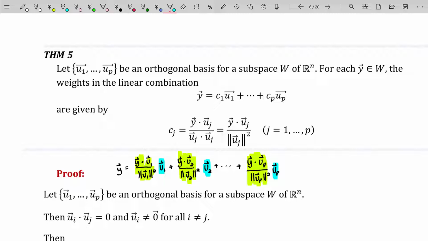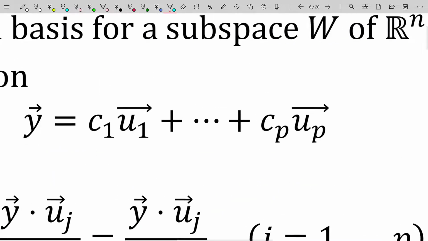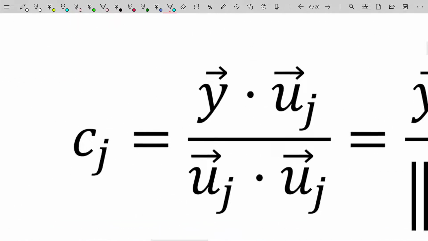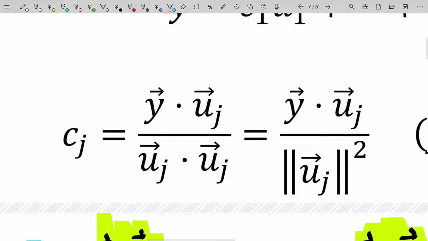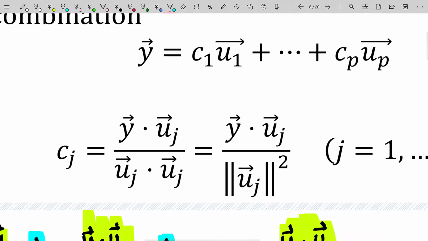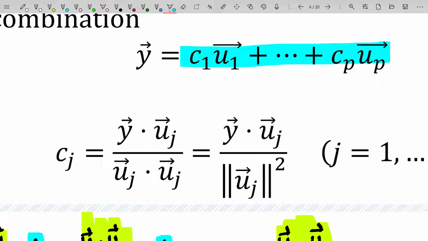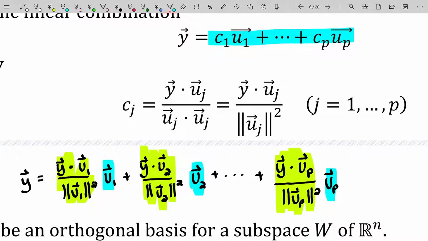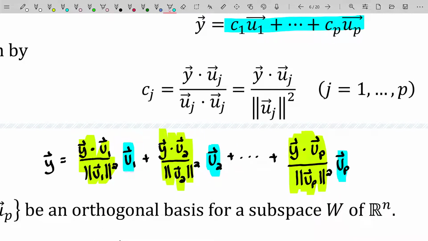And we made a claim and we proved it that the weights of the linear combination were given by this fraction right here, which by the way is just Y dotted with u sub j over the magnitude of u sub j squared. Well, if that's the jth coefficient of this linear combination, then that linear combination could be rewritten as what you see in the colorful yellow and blue down below.